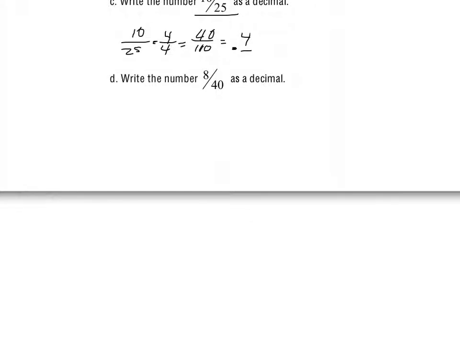Alright, what is the number 8/40ths as a decimal? Now this one gets a little bit trickier because we have 8/40ths and nothing times 40 is going to quite go into 100. So we're going to have to figure out maybe something larger that we can put that into.